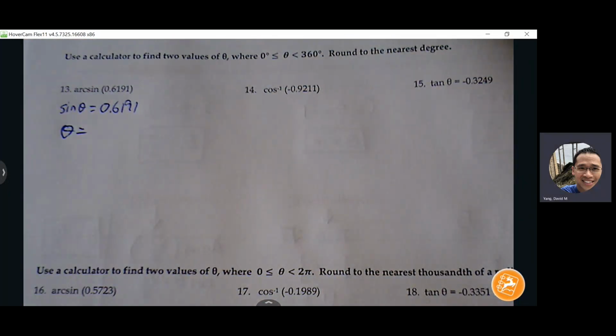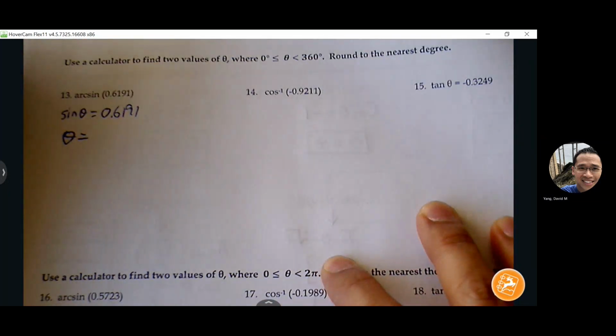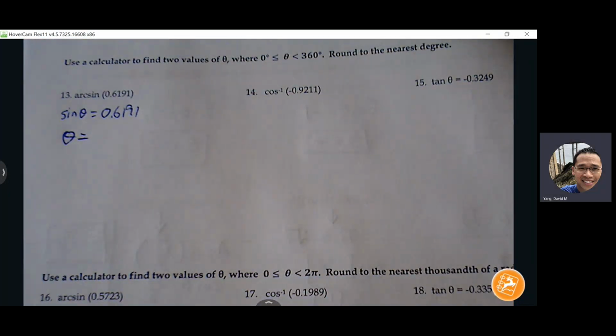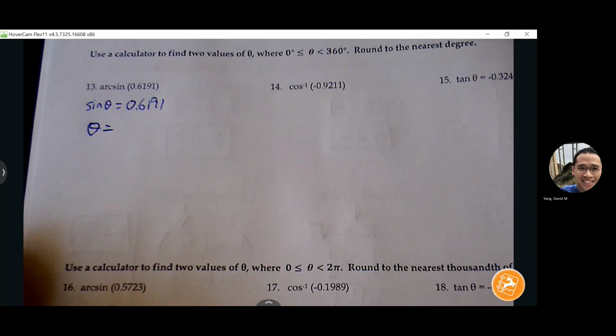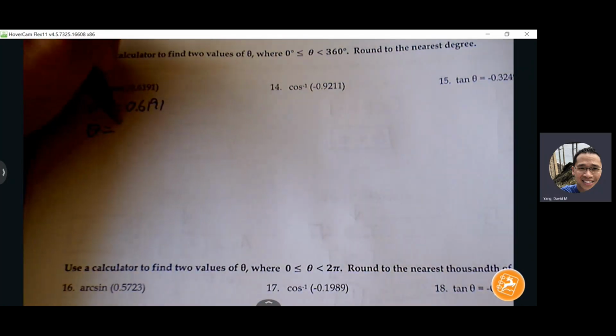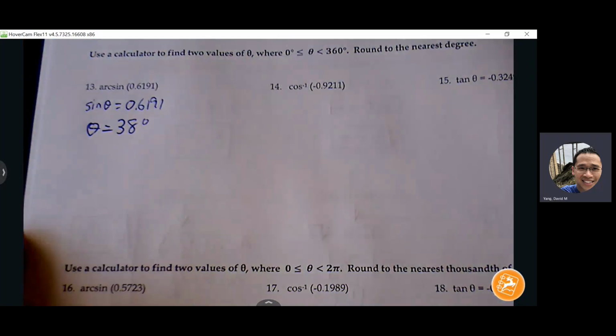Okay, what did you get for theta? Degree mode. Yeah, degree mode. 38 degrees. Okay, that's also the reference angle.